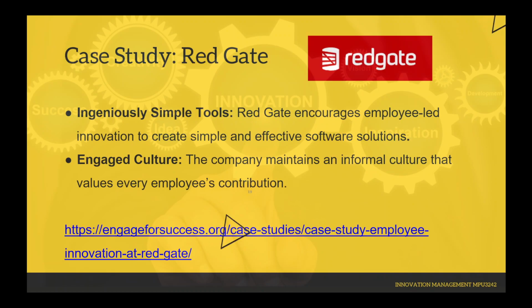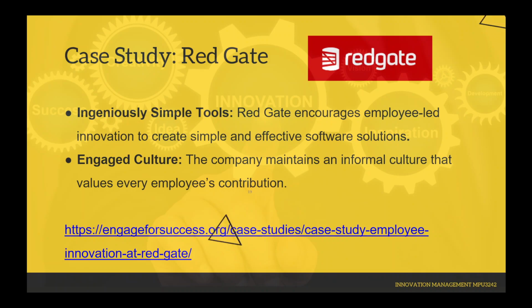The case study we see is RedGate. In RedGate they use engineer simple tools. RedGate encourages employee-led innovation to create simple and effective software solutions. So they always let the employees contribute and give ideas to make it easier for them to innovate.